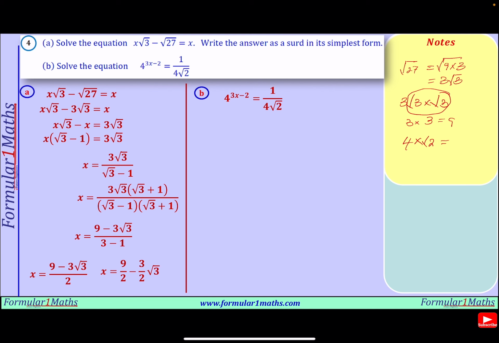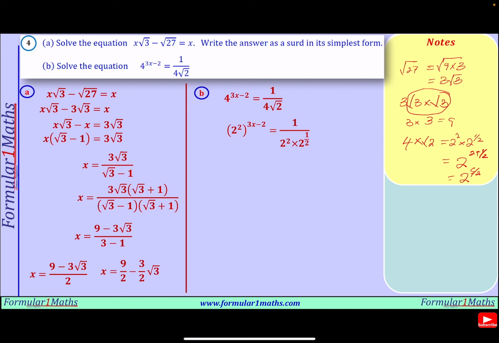We can write this as 2 squared for the 4 times 2 to the power half for the root 2. And because the bases are the same, we add the powers, and we are going to get 2 to the power 2 plus a half, which will be the same as 2 to the power 5 over 2.